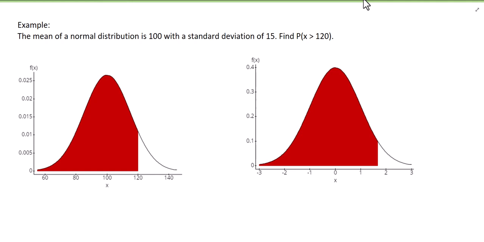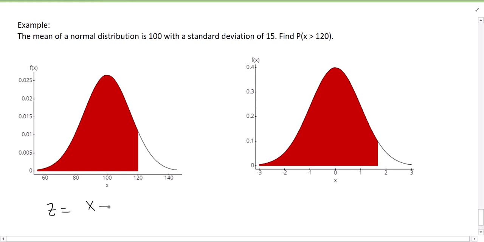Now to find the z-score, remember that the z-score is z equals the x value minus the mean divided by the standard deviation. So in this case, our x will be 120, the mean is 100, and the standard deviation is 15.